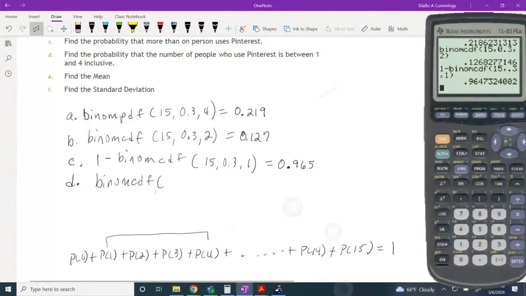So the binomial CDF 15, 0.3, 4, minus what I don't want, which is minus the binomial CDF 15, 0.3, 0.